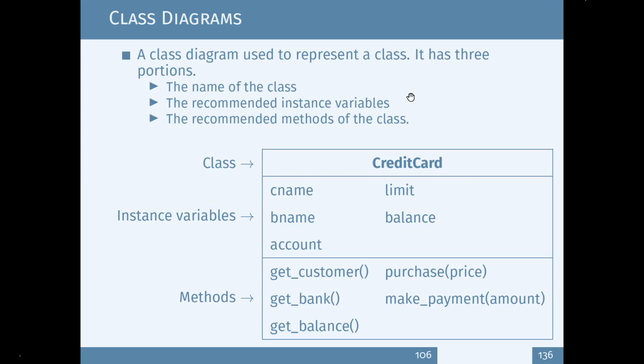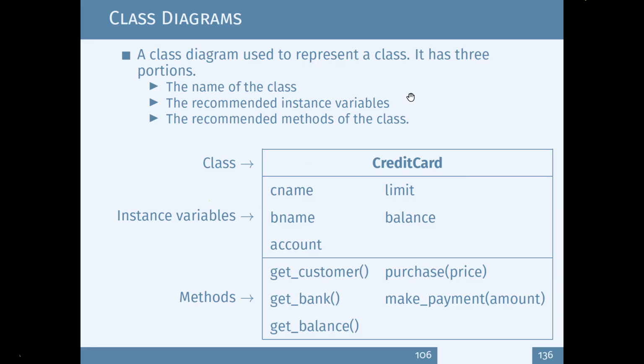Then you will have instance variables or the data members. In the credit card, we have defined 5 instance variables: customer name, in short C name; bank name, in short B name; then an account which identifies the credit card; then a limit; and a balance. That is the second row. In the third row, we can have a set of methods.